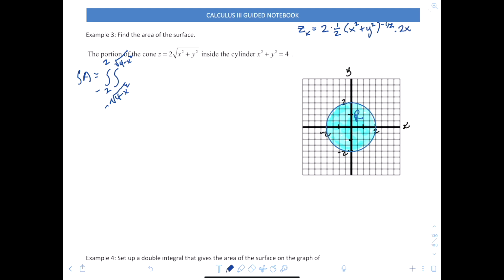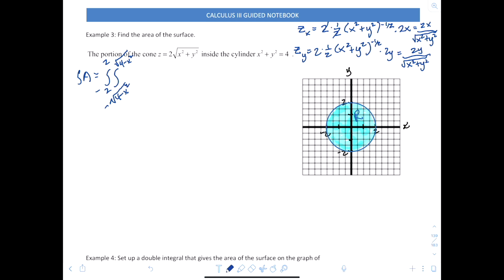And these 2's will divide out, so we'll just have 2x over root x squared plus y squared. And then f_y will be similar. We'll have 2 times 1/2 x squared plus y squared to the -1/2 times 2y. So that'll be 2y over the square root of x squared plus y squared.